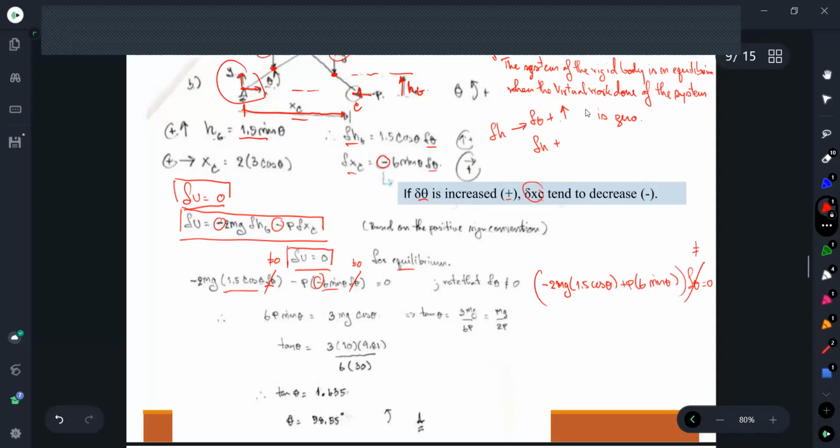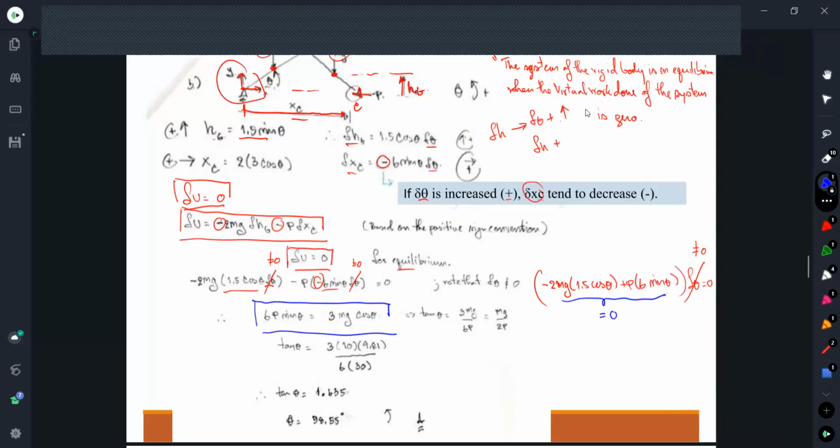And since delta theta is not equal to 0, the term in the bracket should be equal to 0 instead. So we can form this equation, which can be used to determine theta, that is tan theta becomes this value. And after that, we can determine theta, that is equal to 58.55 degrees. Okay, let's complete this problem.